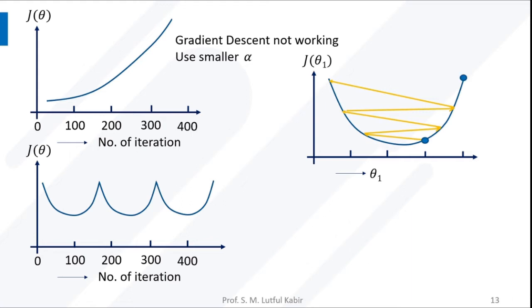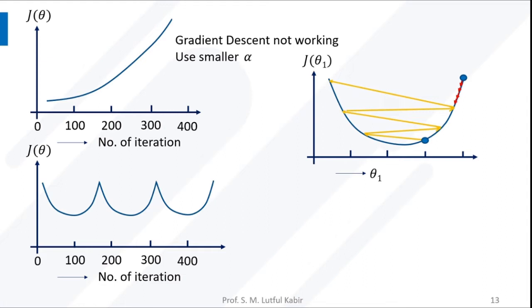But if you start at another point where you chose alpha to be very small, then it will start converging, but the convergence will be very slow because the steps will be very little due to the small value of alpha.